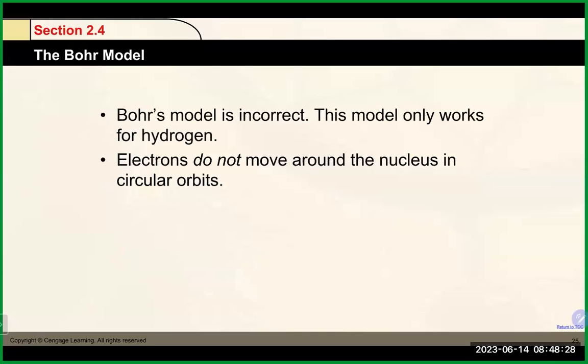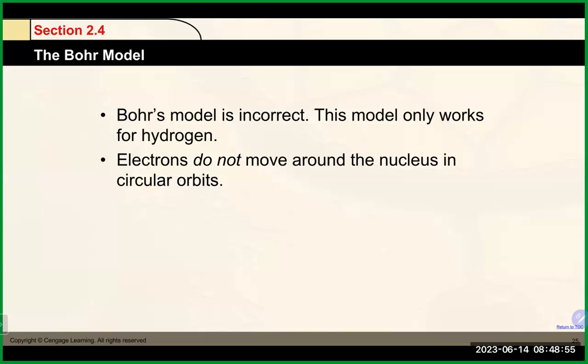So Bohr's model, as I mentioned, is not correct in all aspects. It works really well to describe the four lines that you see in hydrogen, but it falls apart as you have more electrons involved. As you pile in more electrons, other things start to happen. Electrons are negatively charged, so do they really want to be near each other?